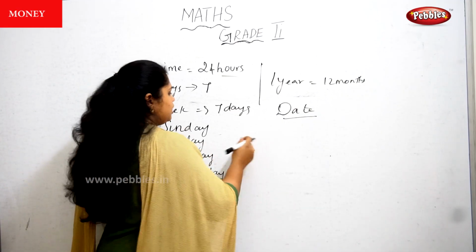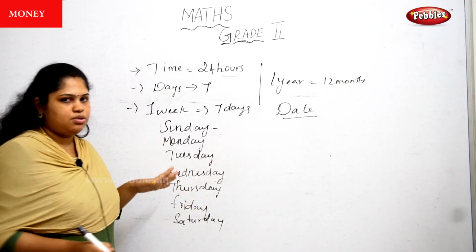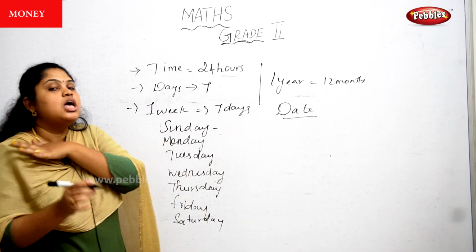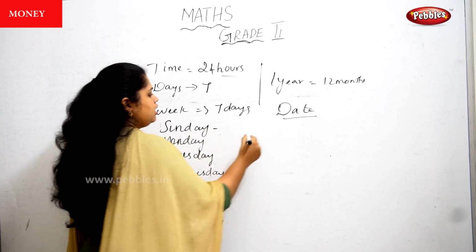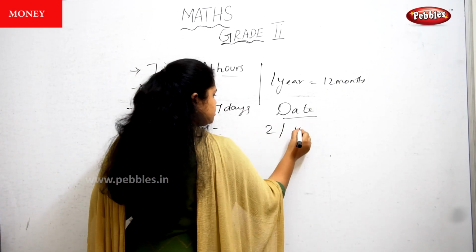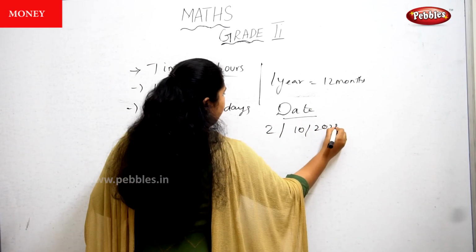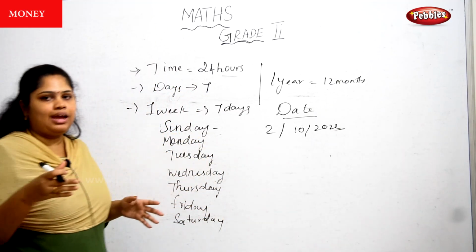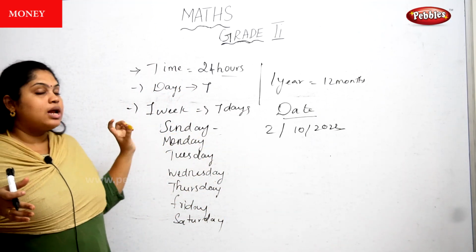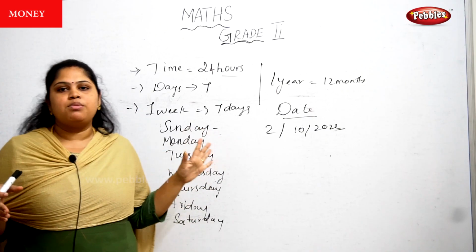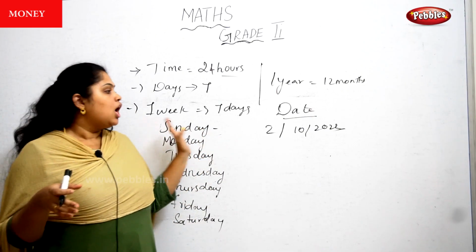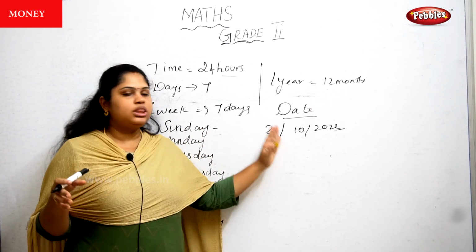Today is Sunday, so the date is 2, October month means 10, and the year is 2022. So this is the date. Date means which number? It represents the number, isn't it? So it is date, month and year.